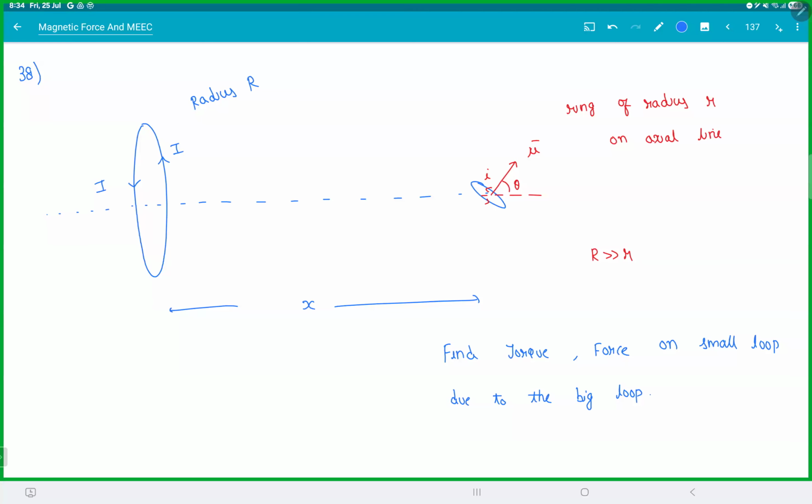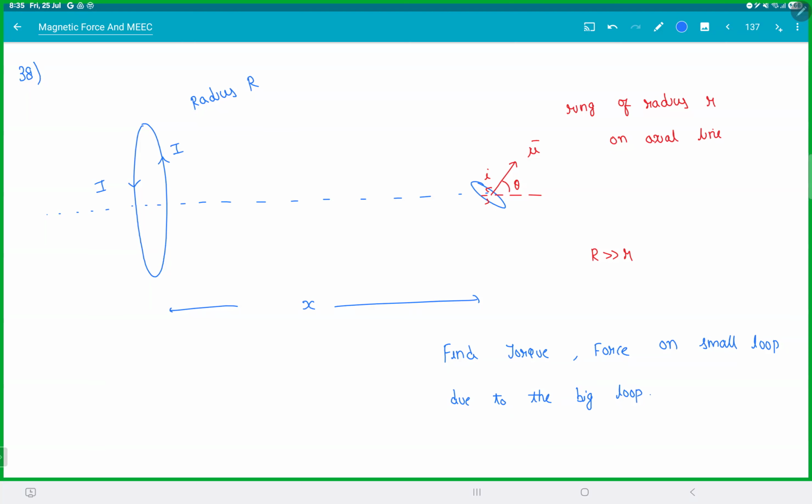How do you find the force and the torque? What is torque? Remember mu cross B.